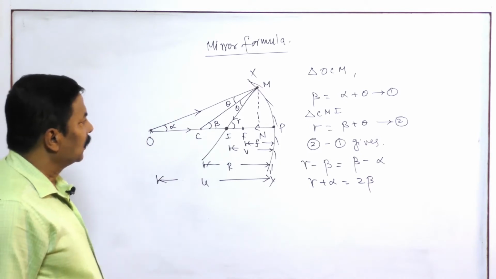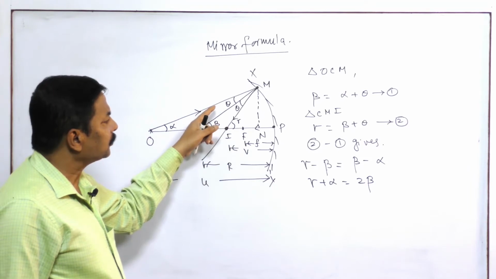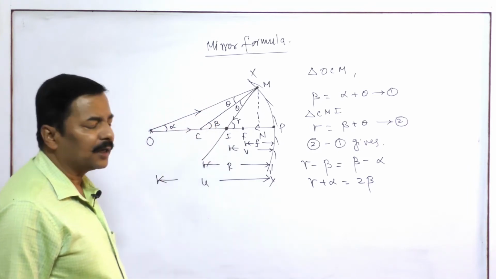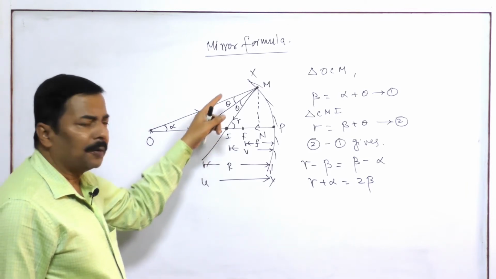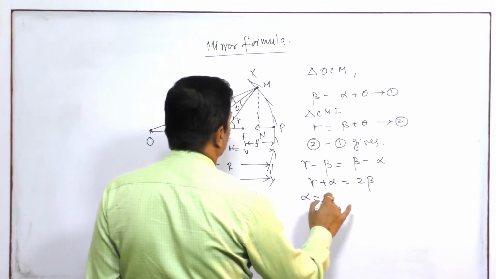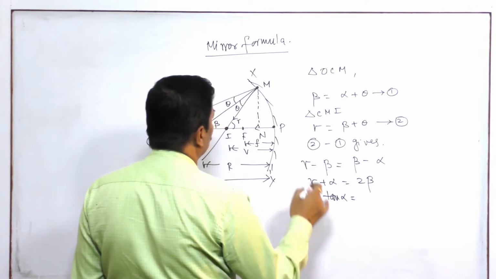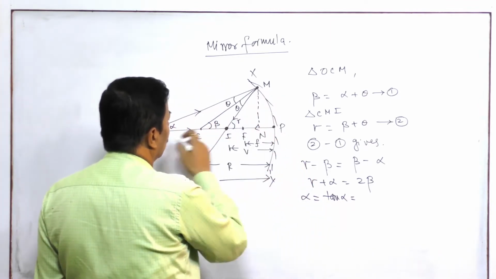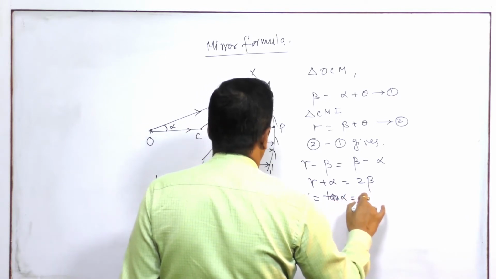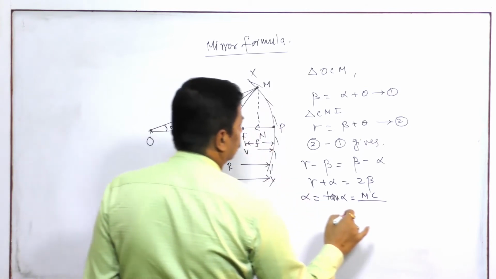Now, when the angle theta is very small, we can consider that alpha, beta and gamma are small. So for a mirror of small aperture, alpha is equal to tan alpha, that is perpendicular MN by base ON.